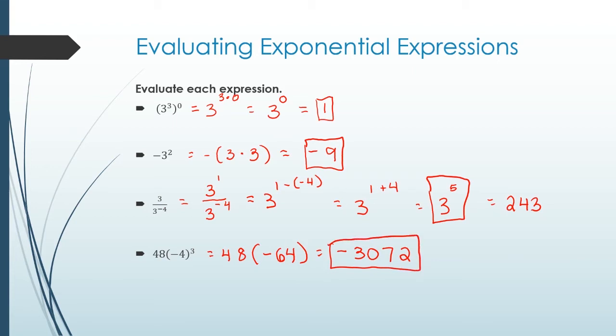And I'm just going to double check 4 to the 3rd is 64. Yep. So evaluating means you are finding the answer. That's what the word evaluate means. And so when it says evaluate each expression here, we're finding the answer. So evaluating, find the answer.